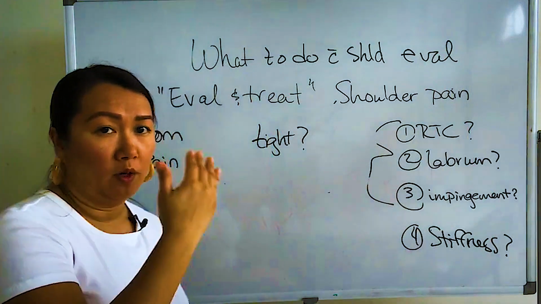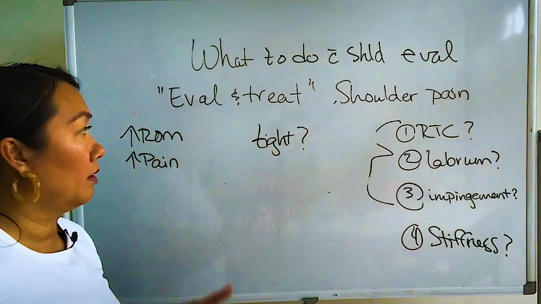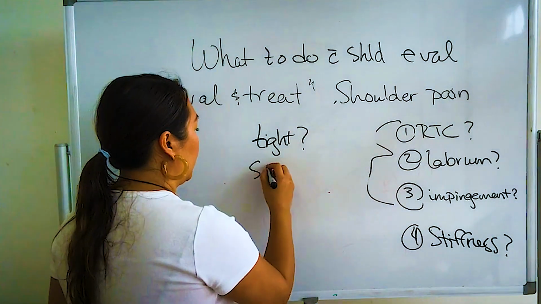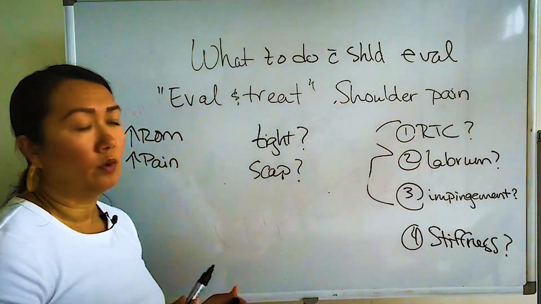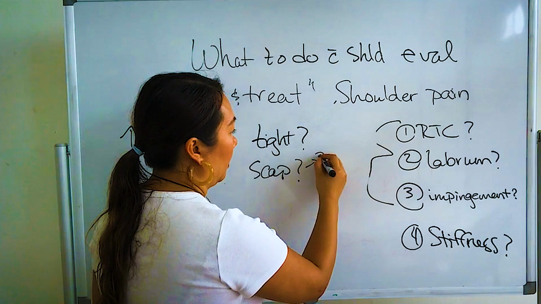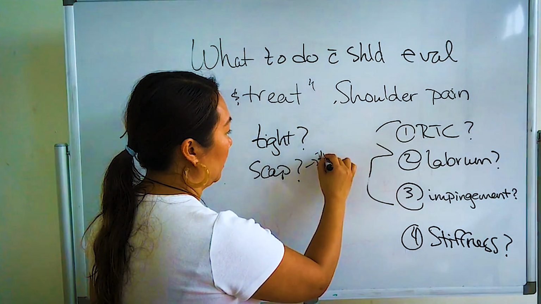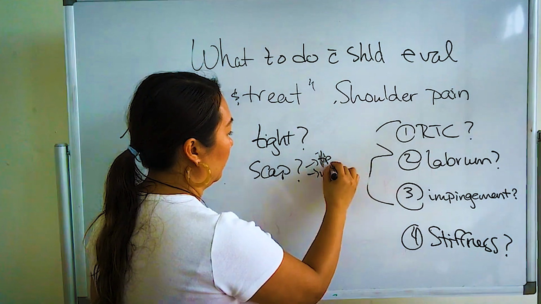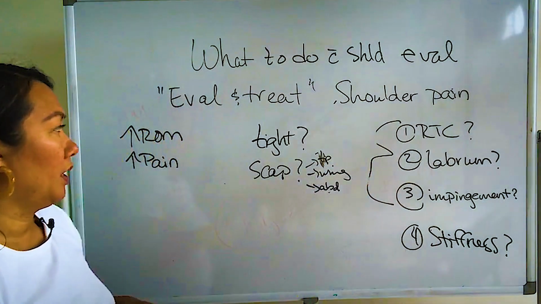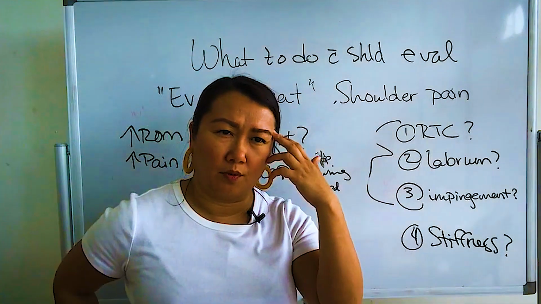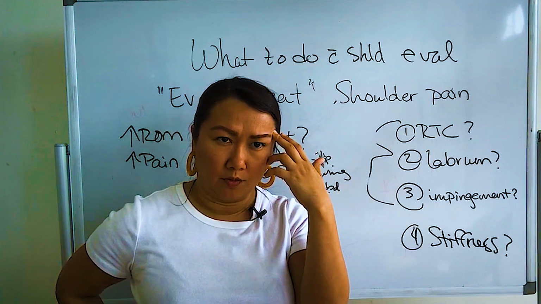If one scapular motion is not moving with the other one, then you'd say, okay, something's going on with their scapular motion. And we can go into tipping, winging, and abduction later. But here we're just starting to think through what tests we do.